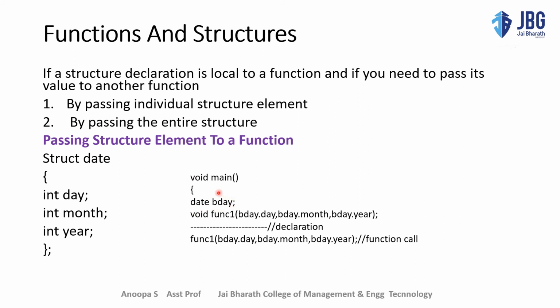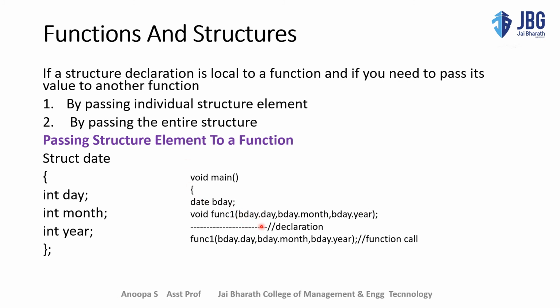Birthday is a data structure of type structure date. That is, birthday has day, month and year. Here I am declaring function one with birthday dot day, birthday dot month, birthday dot year. That is, I am passing the day, month and year values of the particular structure birthday.